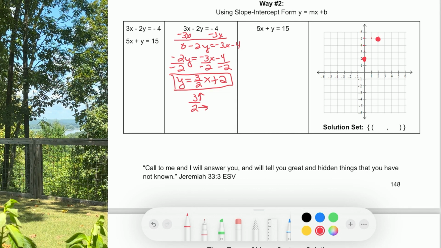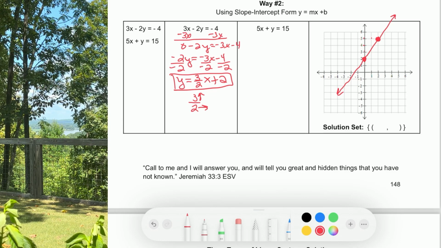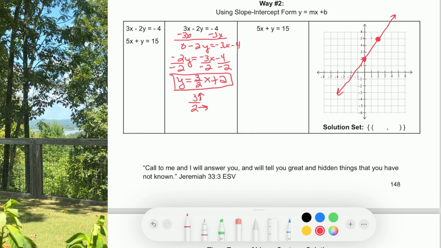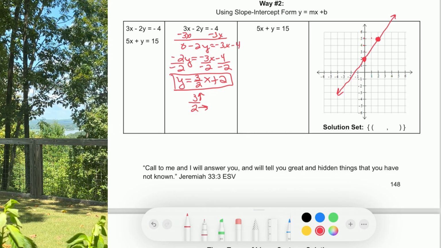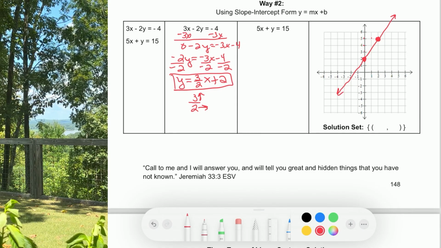Now I'm going to create my line as carefully as possible. This is why I would recommend using a ruler when you're doing this on your paper to help you out. It's kind of difficult to do this on the iPad with a ruler, but for you, I would recommend on your paper, use a ruler, some kind of straight edge. You can use another page as a straight edge. I've done that before.